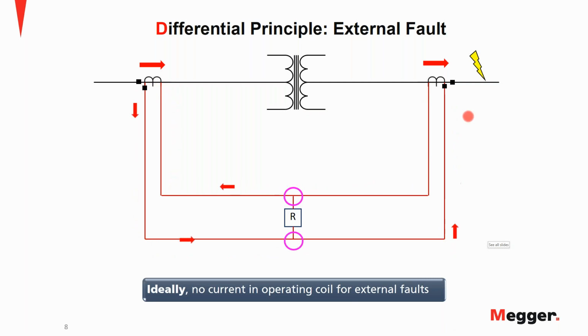Why is that? Because we have through fault current coming into the protected zone and leaving the protected zone. So we don't have any change in direction of current, and therefore we will not see any type of trip. Now, here the current can sometimes be increased by a factor of 10 or more, and the polarity of the current can stay the same. Therefore, there'll be no differential, right?